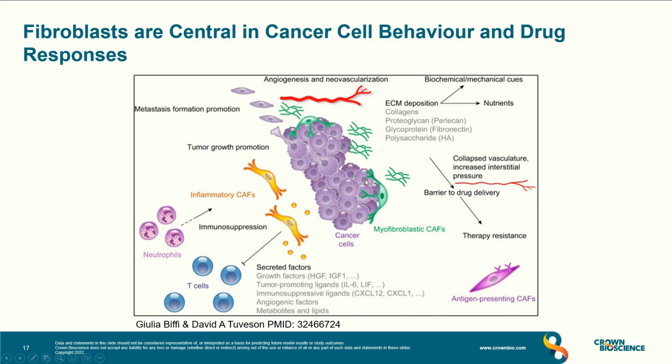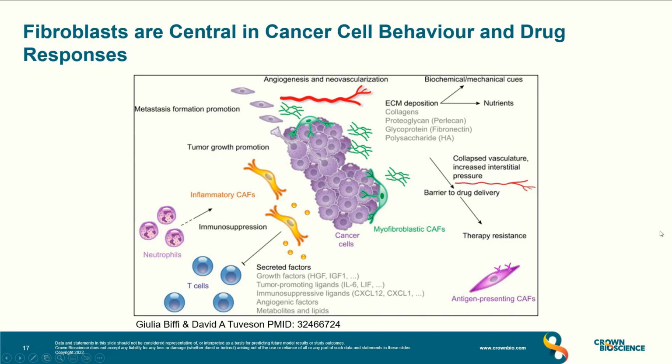Then we have myofibroblastic CAFs, which form the fibrotic part of the tumors. They can both interfere with and stimulate tumor progression, and the newest one is the antigen-presenting CAFs, which have been found to be able to cooperate with the immune system and modulate immune cell responses as well.